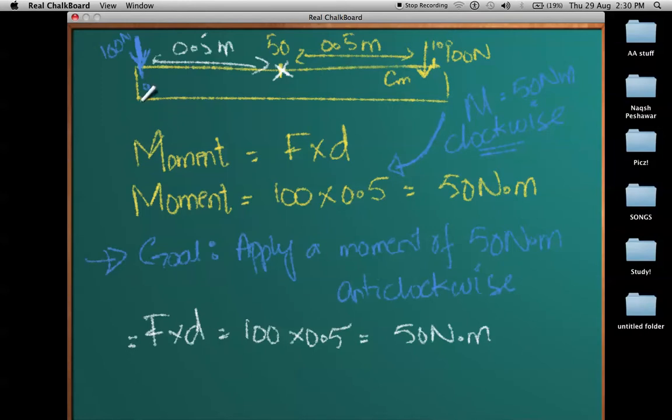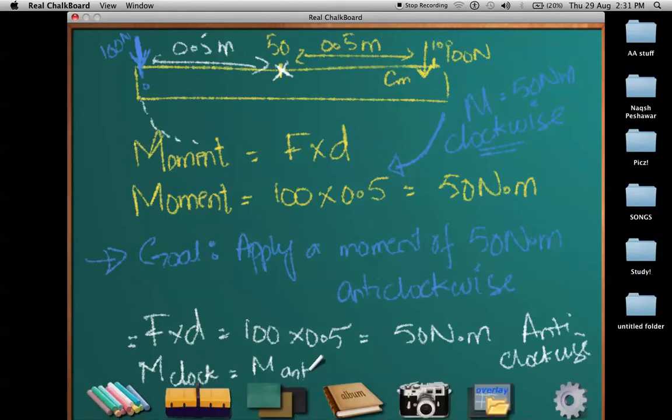but this time in the anti-clockwise direction. So in this case, this anti-clockwise 50 newton meter would balance this clockwise 50 newton meter. And we can say that moment clockwise equals moment anti-clockwise.